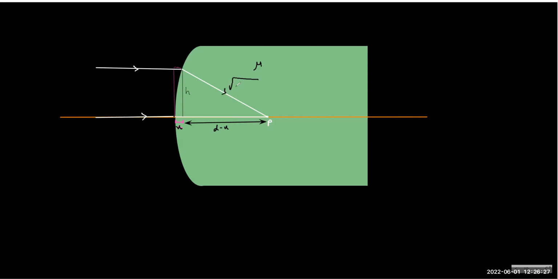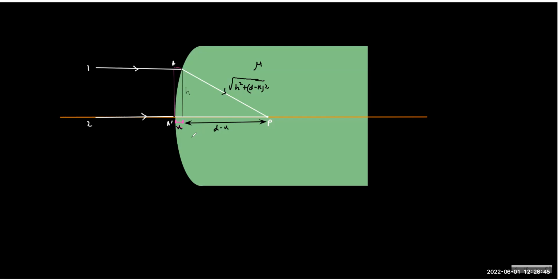Under root of H square plus. So to compare the time, I will start from this point for the upper ray, and for the below ray, it will start from the A dash.